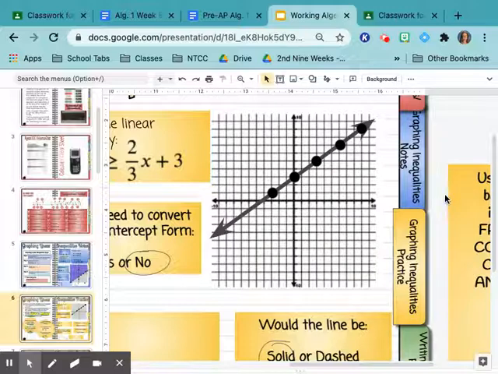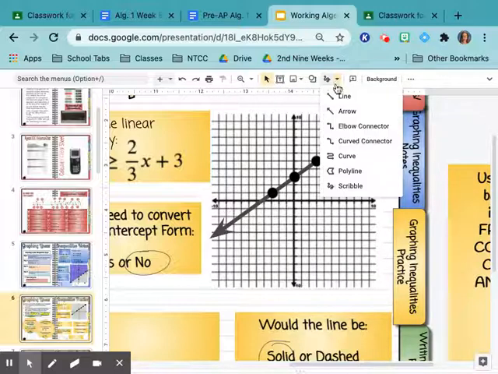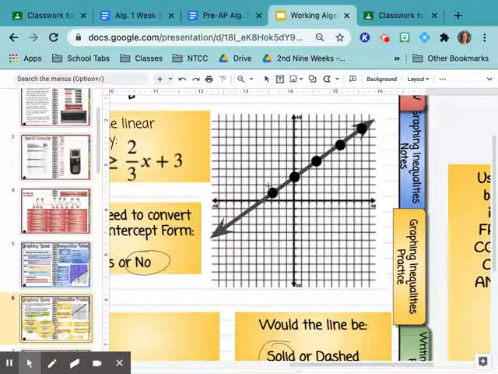Yeah, so we're shading above, right? So get that polyline. Start out at the end of the arrow. Go up, click, over, click, down, click, and then down that line.